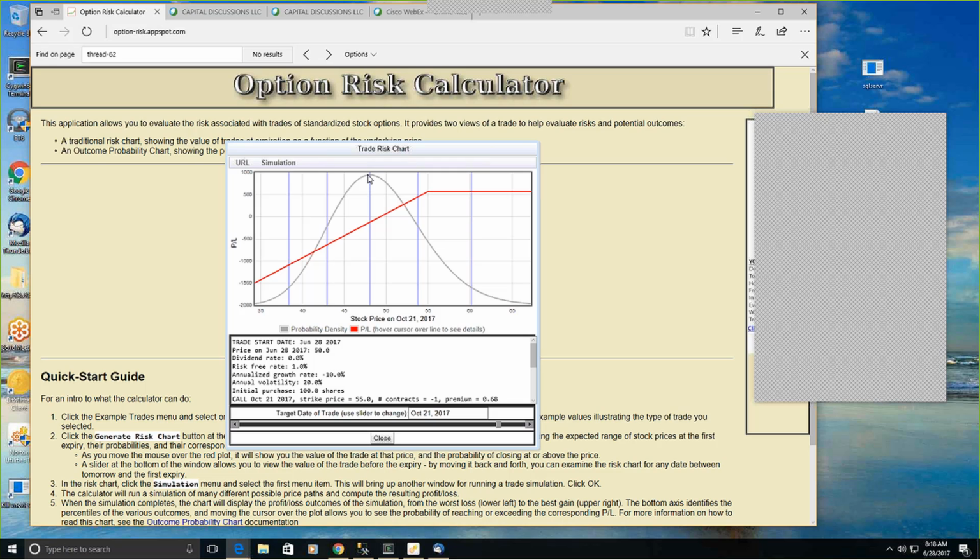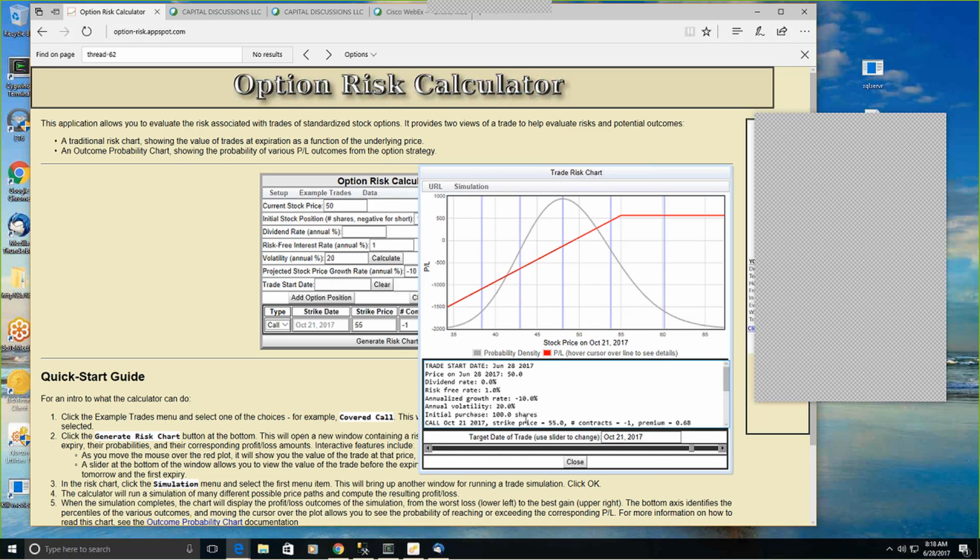So now you can see our curve has moved to the left, and the median is now in the 40s. The median came out to $48.06. So you have that option, and as you can see here where we're reporting the results in the descriptive text, we have pointed out that the assumed annualized growth rate is different from the risk-free rate.